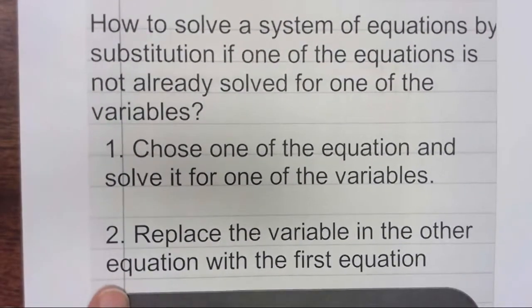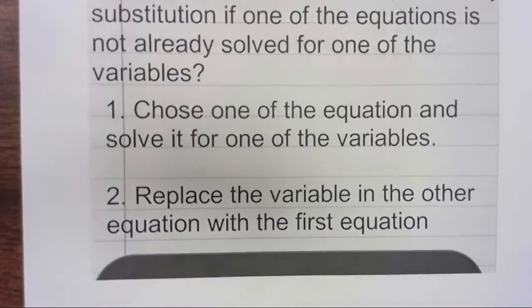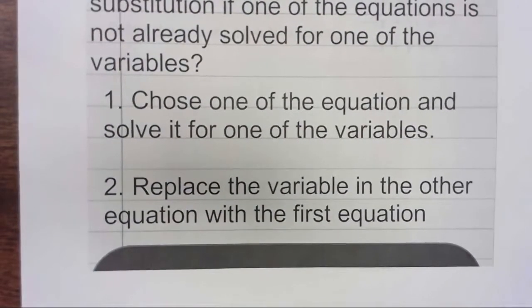How to solve a system of equations by substitution if one of the equations is not already solved for one of the variables. Okay, what do I do? I'm going to choose one of the equations and solve it for a variable. Which equation to pick? The one which usually does not have a coefficient in front of the variable.